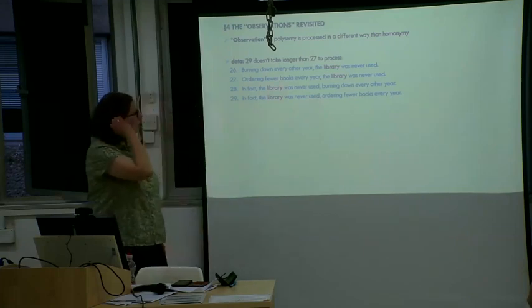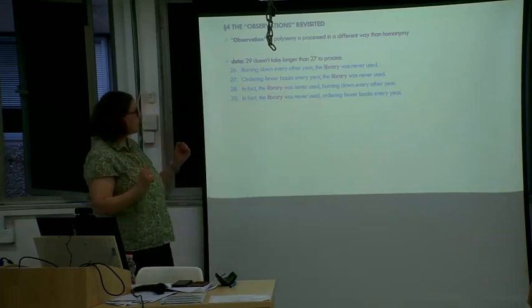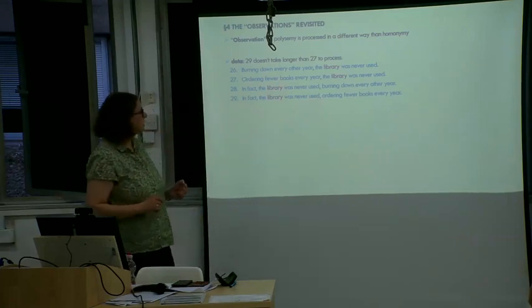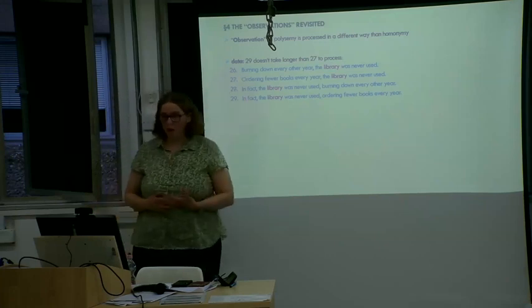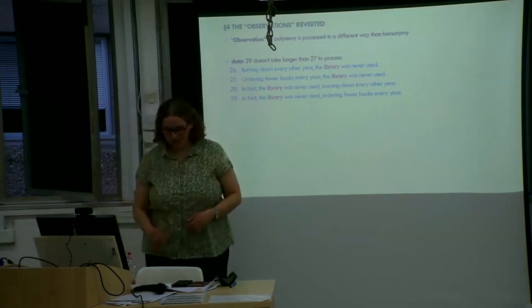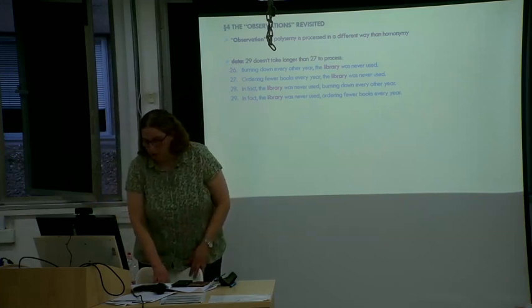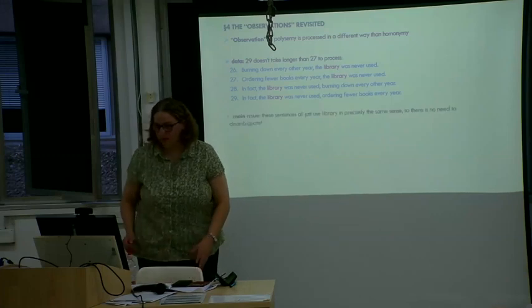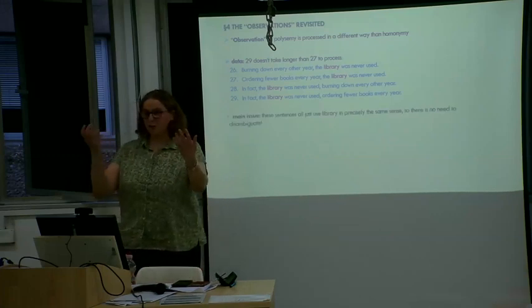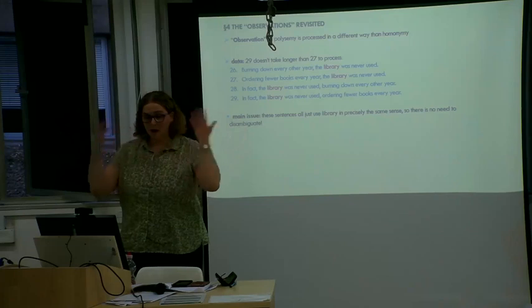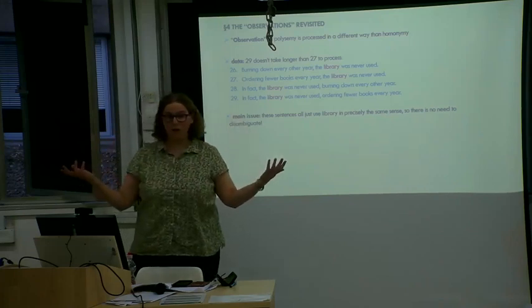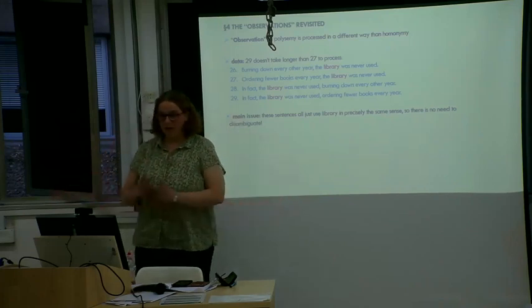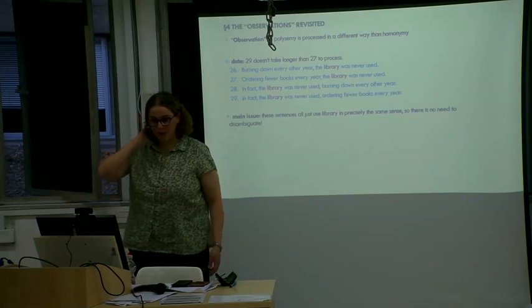But remember that on our view, library is going to have a reading where it just denotes an institution in all these different sentences. Okay, so the problem is that if you think this, then this clause that you're putting earlier or later might not even be disambiguating library at all. You're just anyway reading library with the same sense throughout.